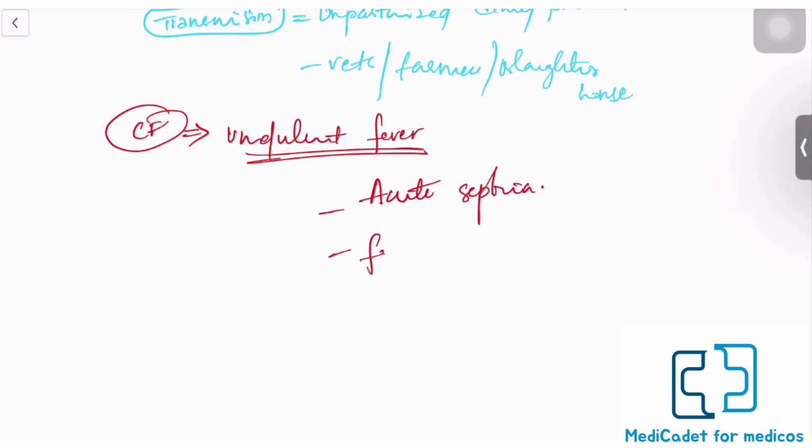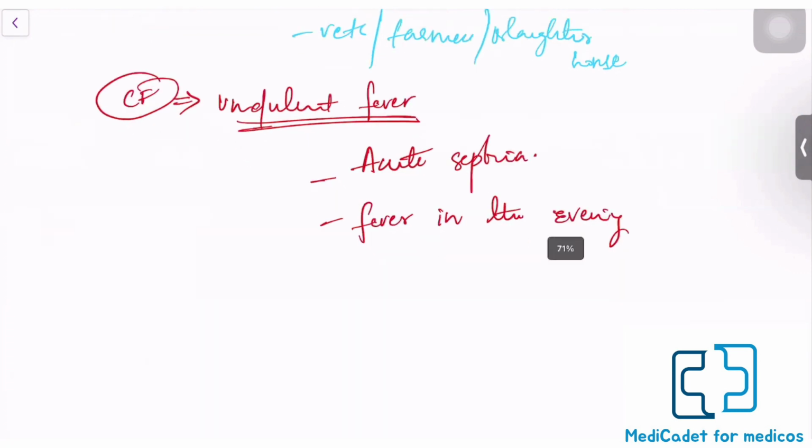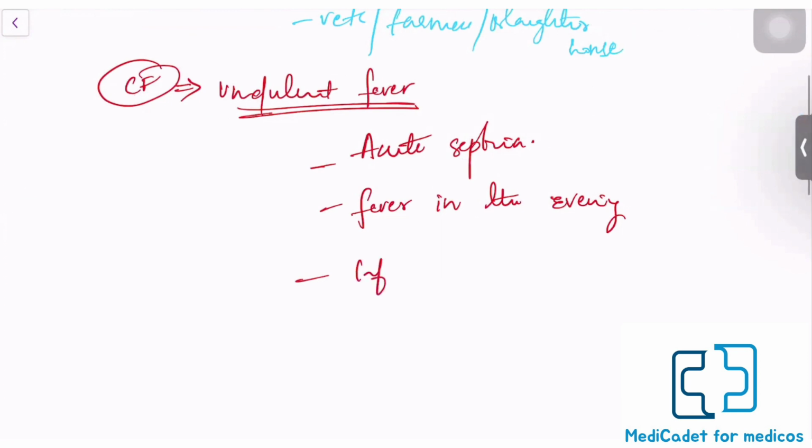Fever will be there in the evening and in the morning they'll be fine. Or they may have fever for 1 day, 2 days normal, and the third day fever again. That also can be there. They'll also have influenza-like symptoms such as myalgias, back pain, arthralgias, like bone pain, muscle pain, and back pain.